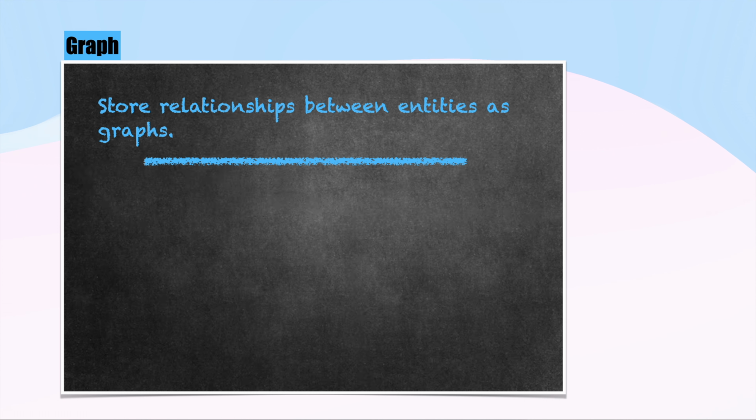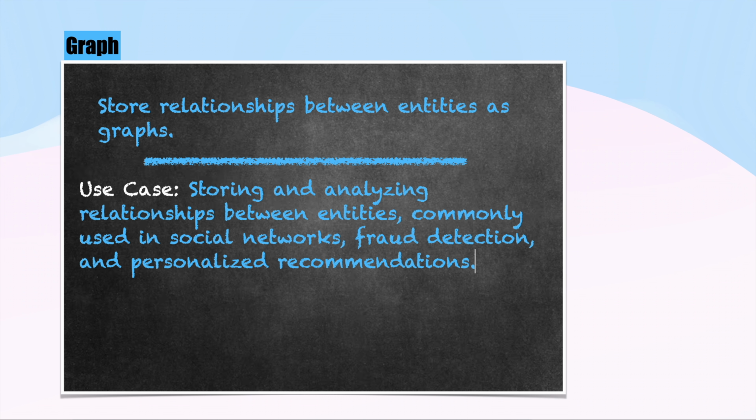Graph databases are perfect for scenarios where relationships between entities are crucial. This includes applications, as we already said, like social networks, where you need to analyze connections between users, or fraud detection, where you need to identify suspicious relationships or behaviors, and personalized recommendations, where you analyze user preferences to suggest products or content.